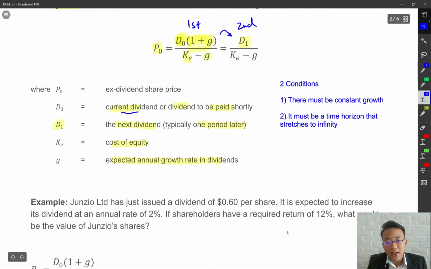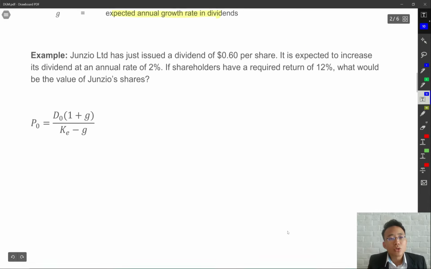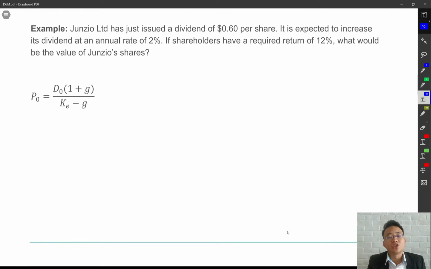So let's look at an example here. Junzio Limited has just issued a dividend of 60 cents. Just issued. Now, wouldn't this fall under D0? The dividend that is just paid? So, Junzio has just issued 60 cents.